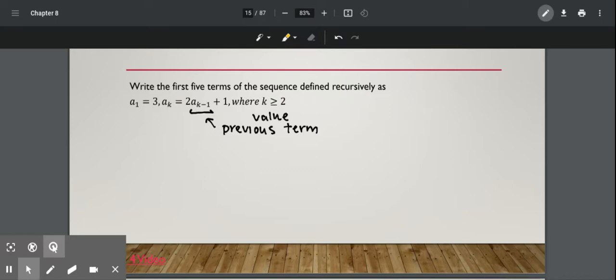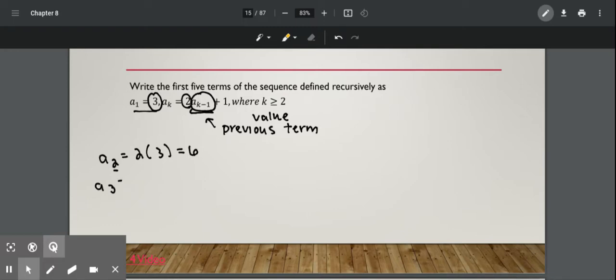If we know our first term is 3, then to find our second term, we're going to do 2 times the value of the term before the one we want to find. So to find the second term, we plug in the value of the first term, which was 3. So 2 times 3, and we get 6.